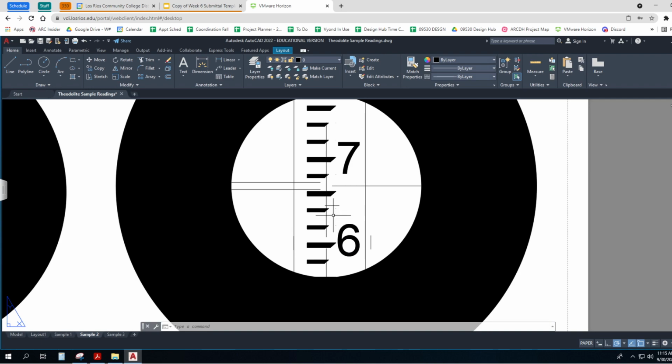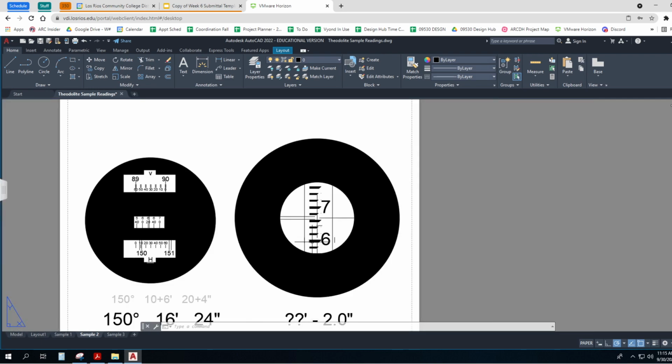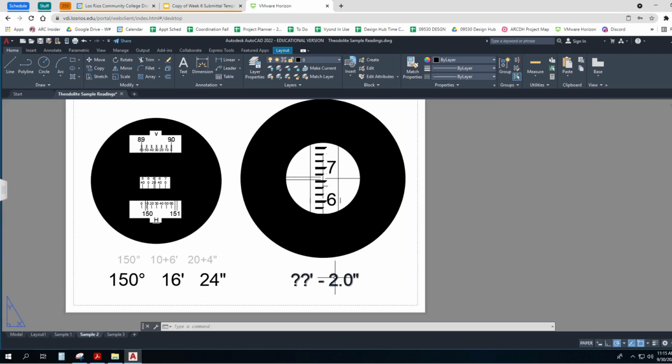6.2, 4, 6 to 6.7 inches. And I still don't know the feet. So I'd have to call out to my person on the rod, hey, what are the feet?